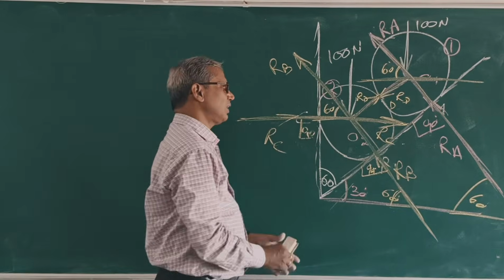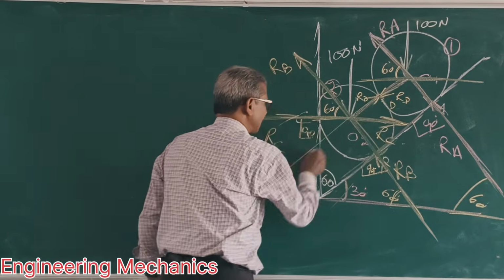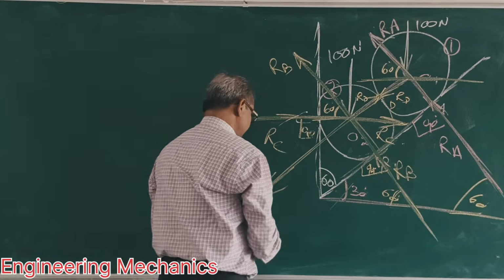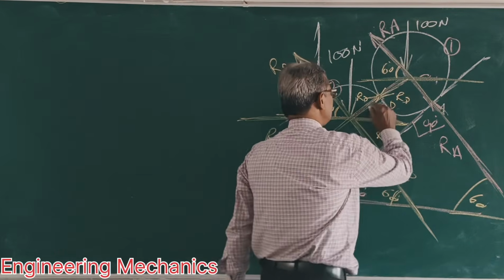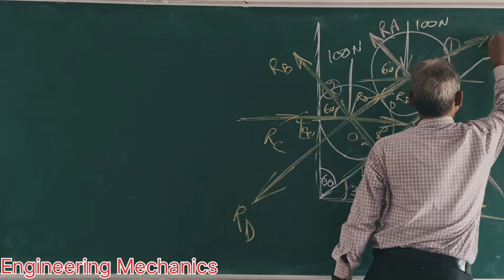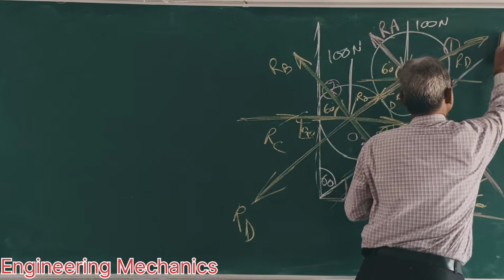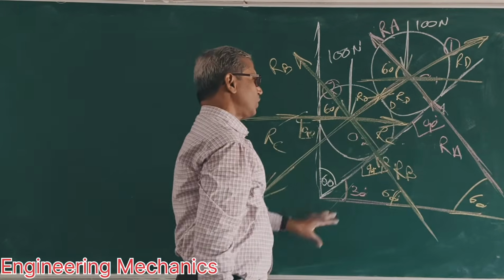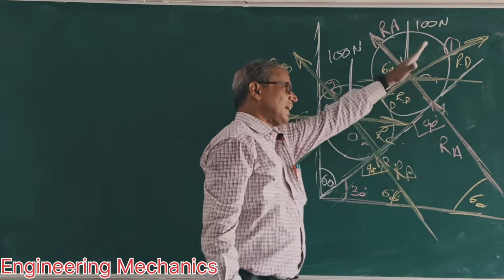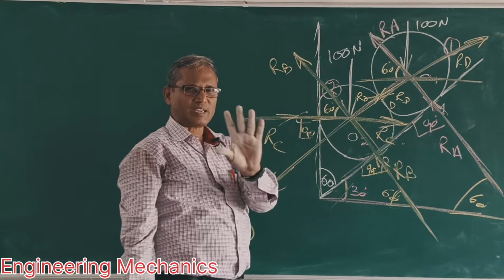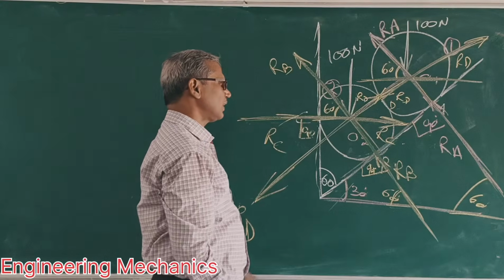Now, this force RD. For roller 1, this is RD. For roller 2, this is RD. Both RD are equal and opposite to each other. Now, what is this angle?